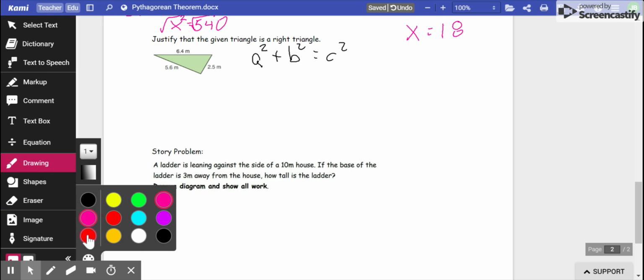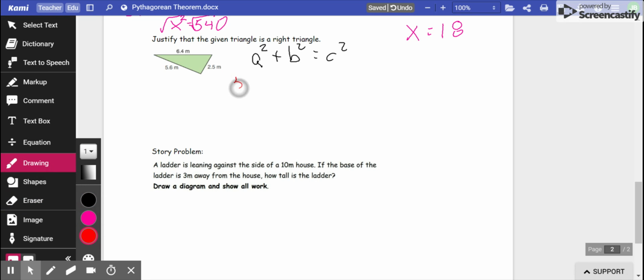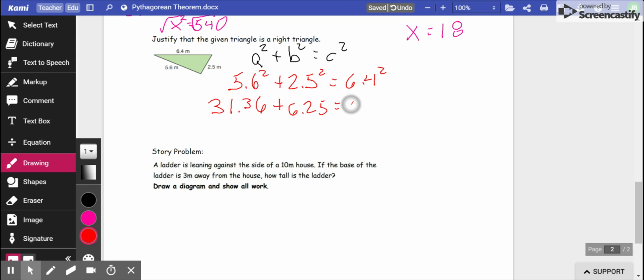Once I plug in the numbers, it's going to be 5.6 squared plus 2.5 squared equals 6.4 squared. If I work it out correctly, I end up with 31.36 for the first one, 6.25 for the second one, and 40.96 for the last one.